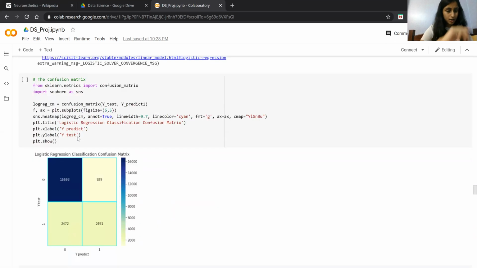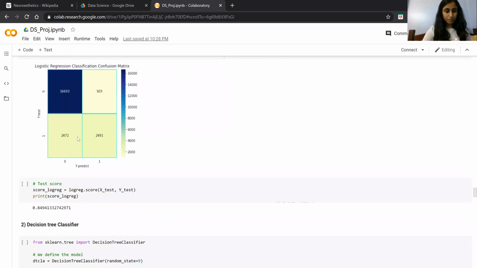Okay. So upon plotting the confusion matrix for the logistic regression, we get the following confusion matrix. As you can see, there are 16,693 values that have been correctly classified as false, that is, 16,693 true negatives.